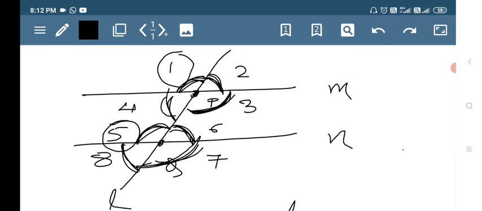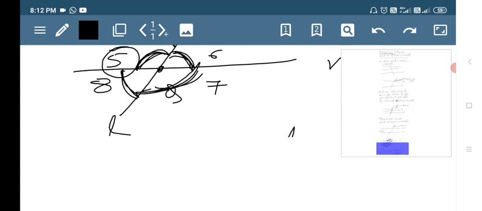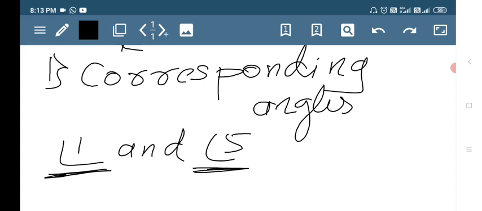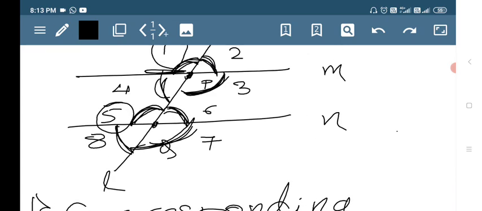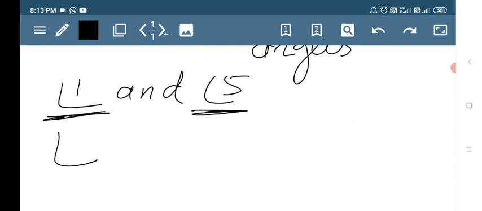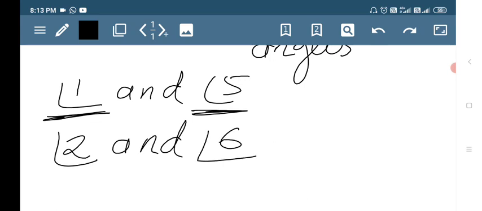So look here, angle 1 and angle 5 are corresponding. Angle 2 is corresponding to angle 6.